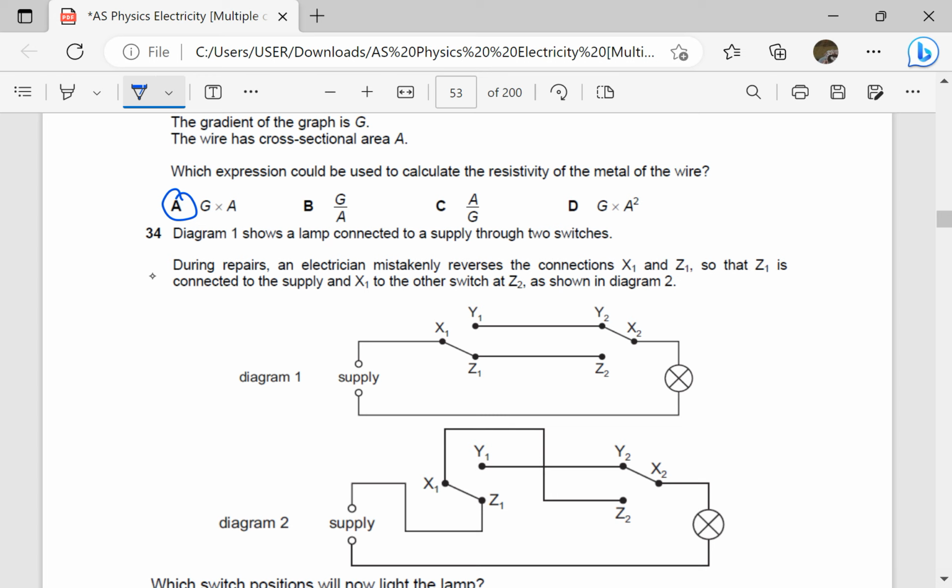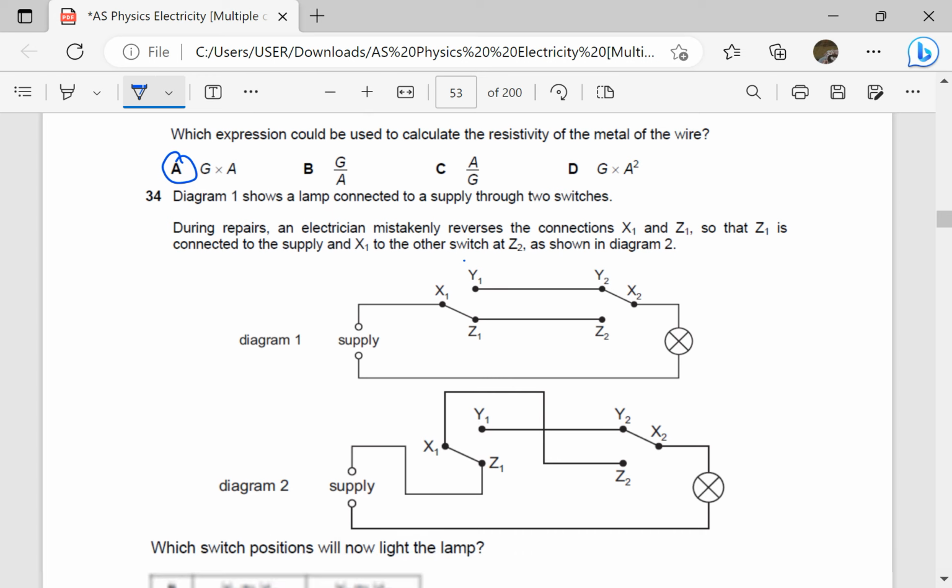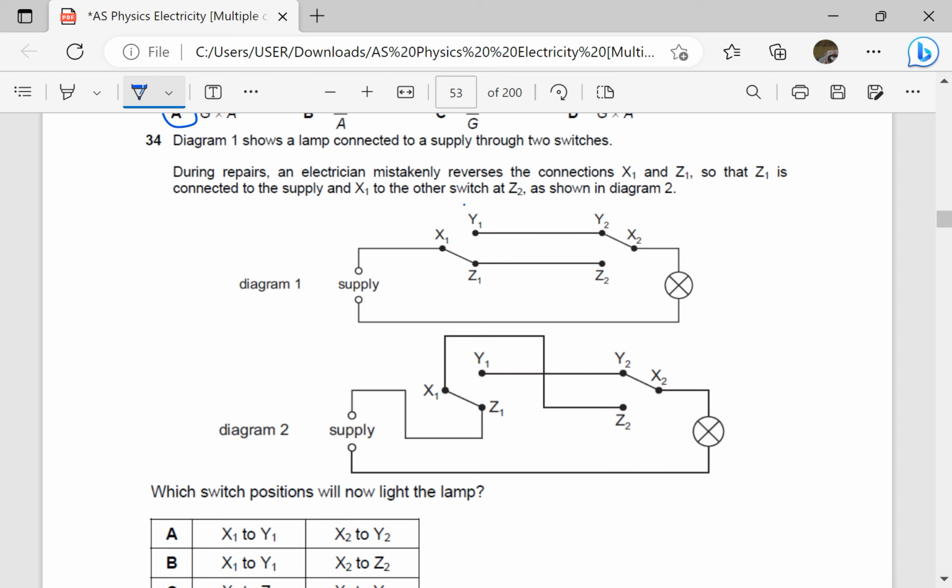During repairs, an electrician mistakenly reverses the connections X1 and Z1 so that Z1 is connected to the supply and X1 to the other switch at Z2, as shown in diagram 2. So which switch positions will now light the lamp?